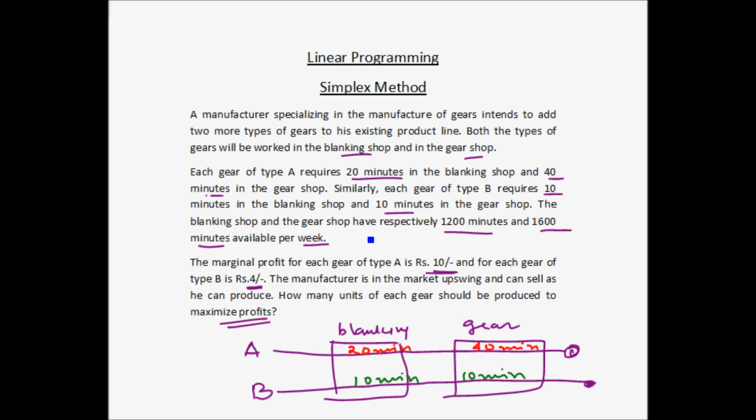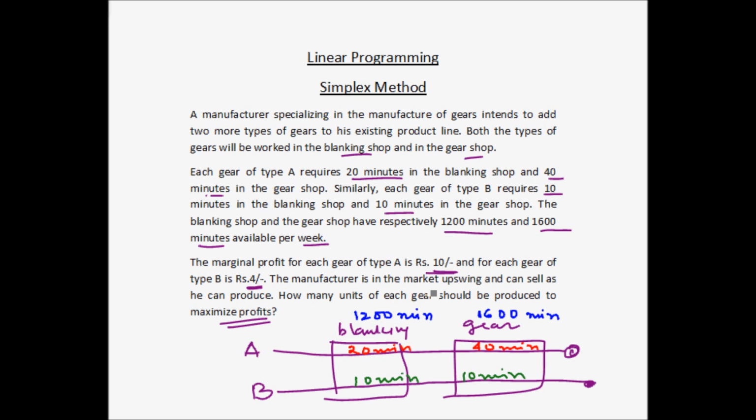The blanking shop and the gear shop have respectively 1200 minutes and 1600 minutes available per week. Now blanking shop can be used only for 1200 minutes per week, while gear shop can be used for a maximum of 1600 minutes per week.